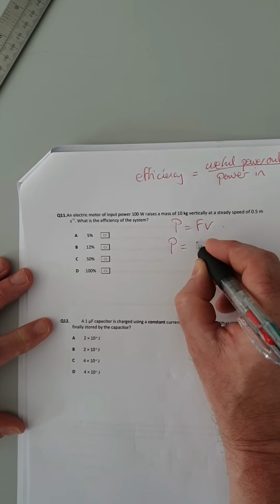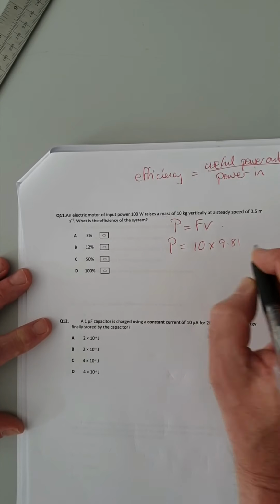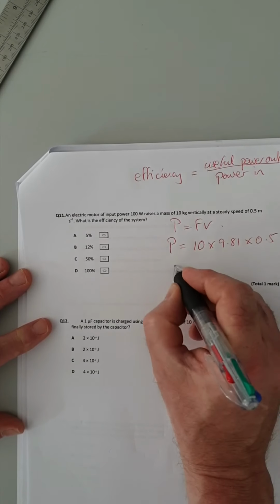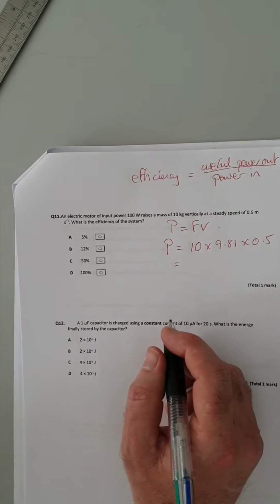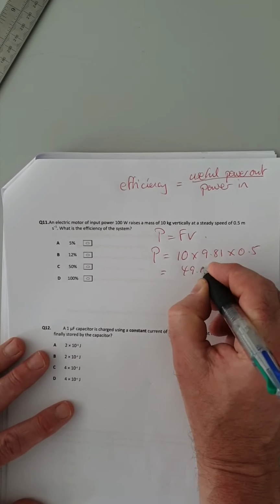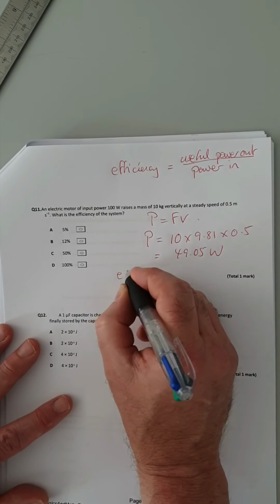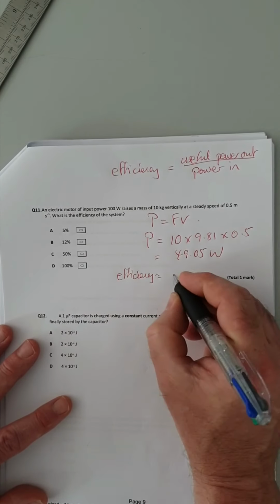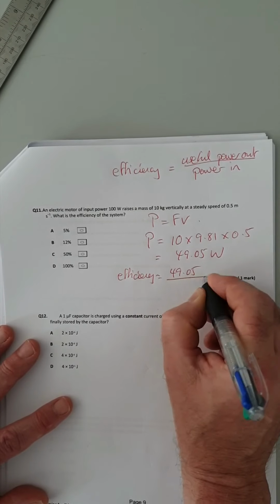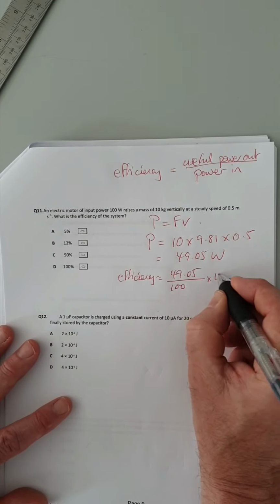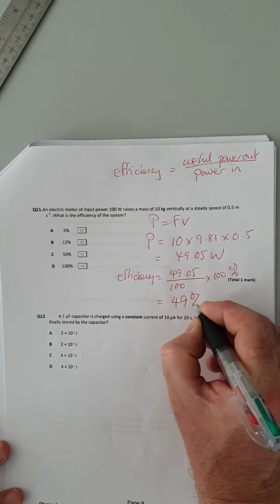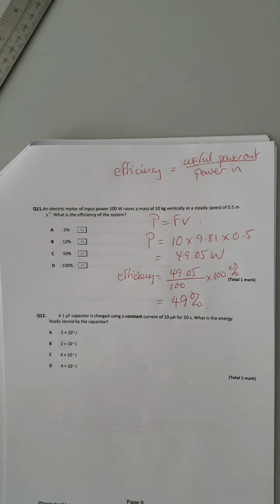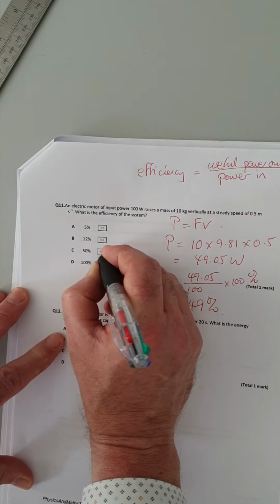So that means the power is equal to 10 multiplied by 9.81 times the speed, which is 0.5, which gives us a useful power of 49.05 watts. So the efficiency is equal to 49.05 divided by 100, and the answers are given in percentage, so we multiply it by 100 to get it as a percentage, which gives us an answer of 49%. And the only one of those that's close to that answer is C, rounded to 50.